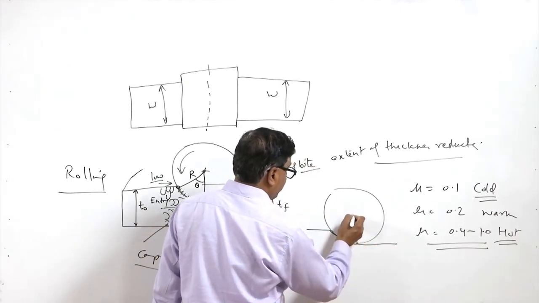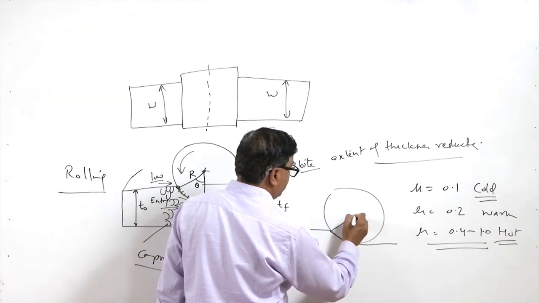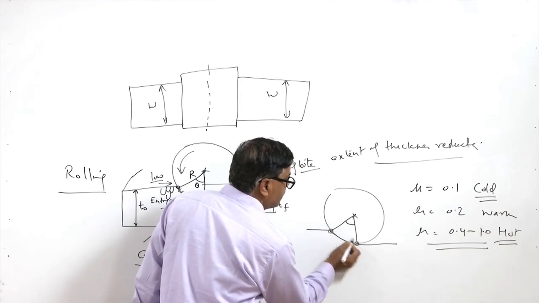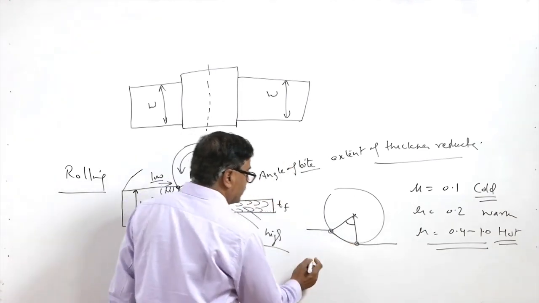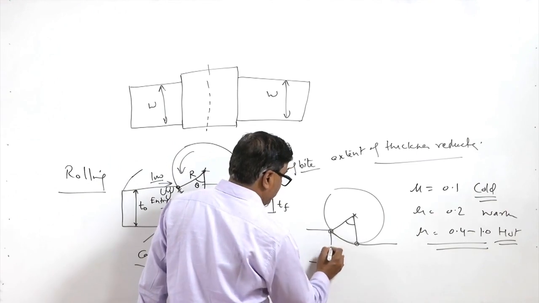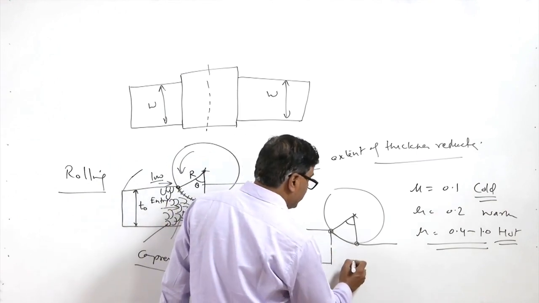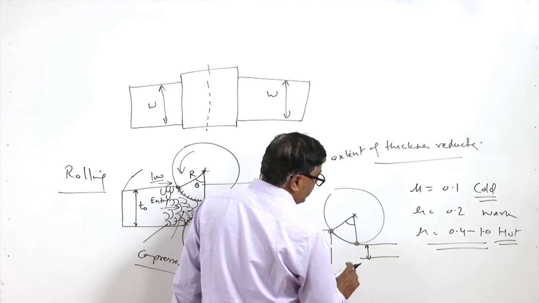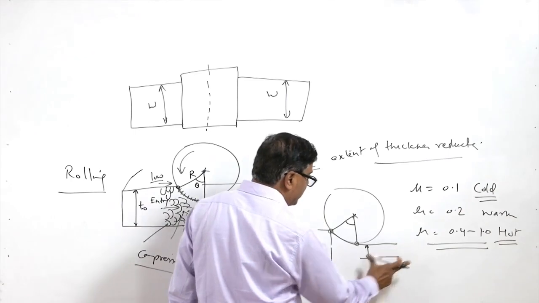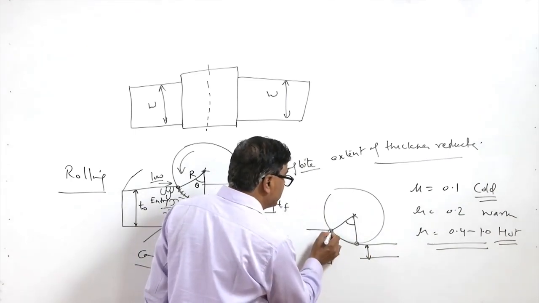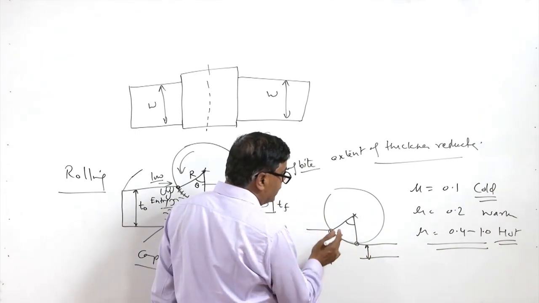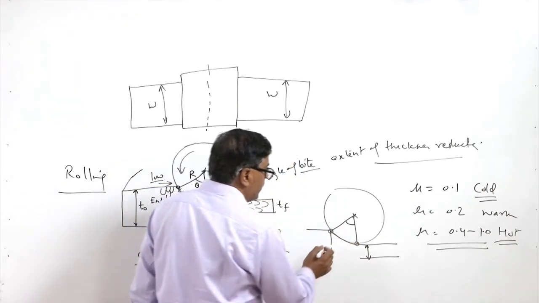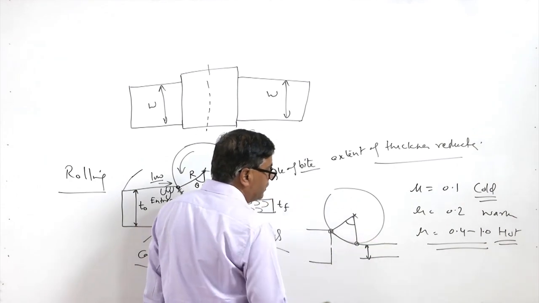This is the angle of bite and this is the center. The speed is low here and high there, because for a given volume of metal, this is the thickness, and when it comes out the thickness is significantly less. So, in unit time it comes out with a greater length. The speed of the metal in the beginning is low and keeps on increasing until it exits the rollers.